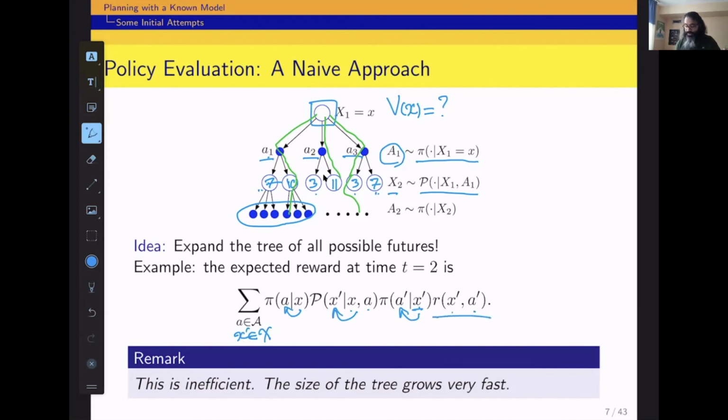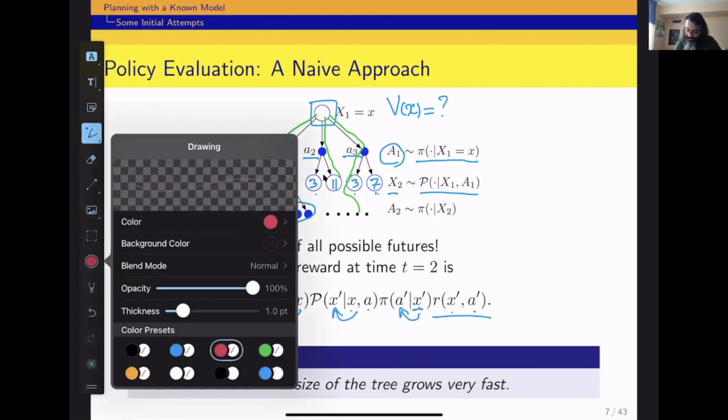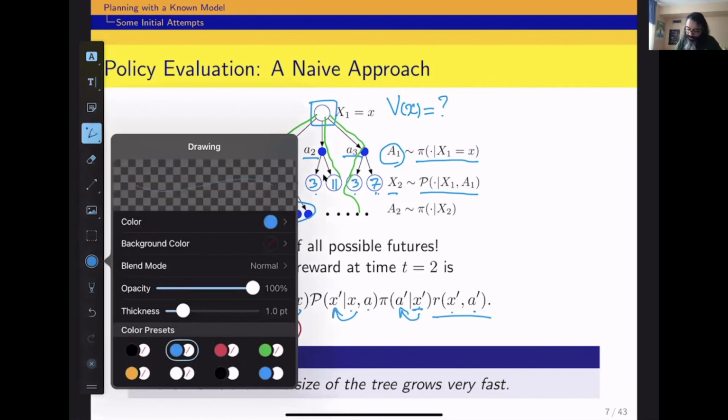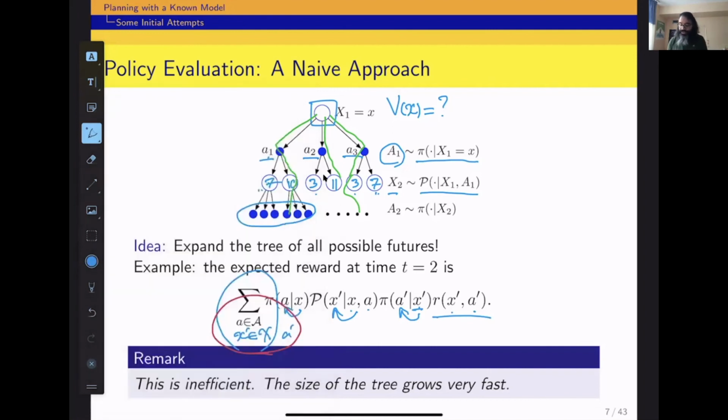So we have this summation over all possible x primes and a primes. So we have all these possible futures, and you see this kind of big summation.